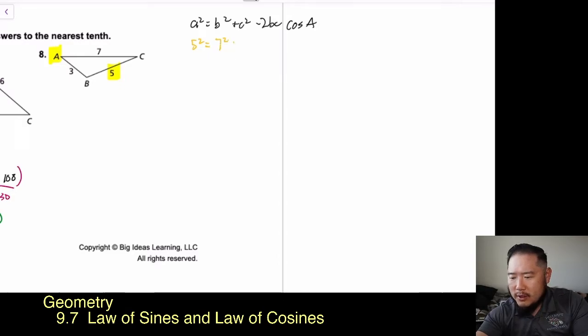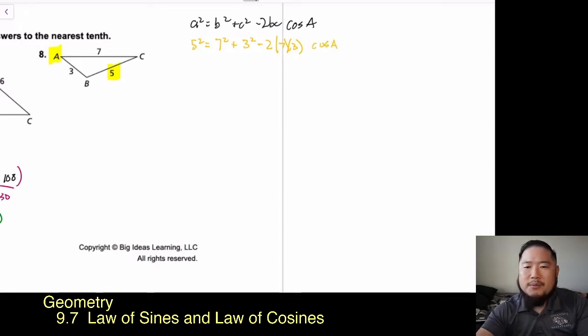We got 7 squared plus 3 squared minus 2 times 7 times 3 times cosine of A. And now we're going to go ahead and figure out the angle. Let's simplify and start putting things together right here.